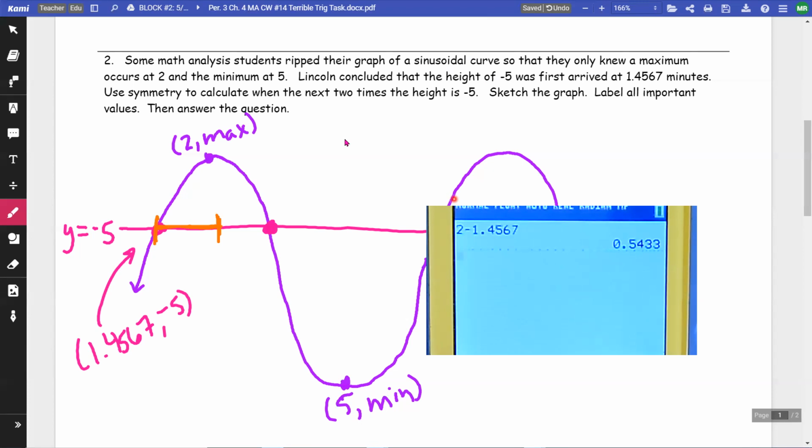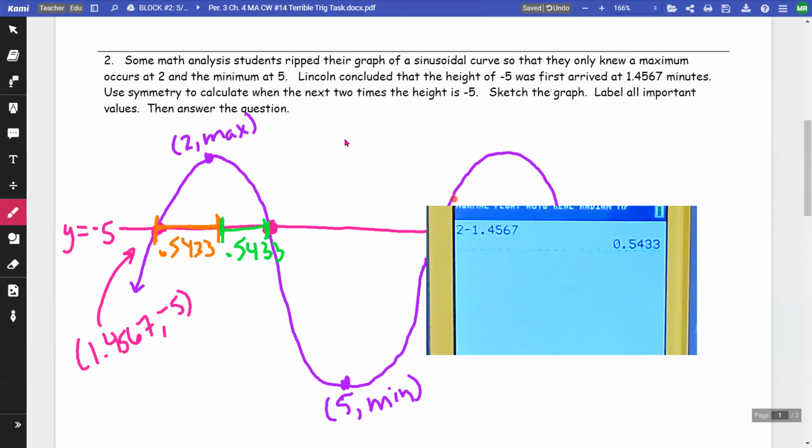And I get 0.5433. So this distance here is going to be 0.5433, which means, I'll just do it in a different color, from here to here is also 0.5433 because of symmetry.